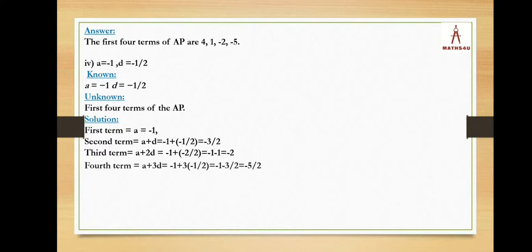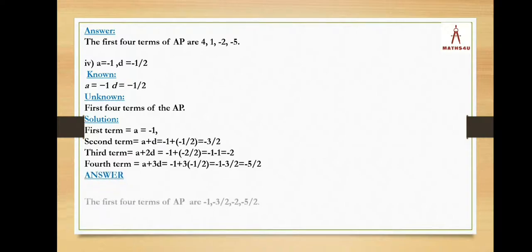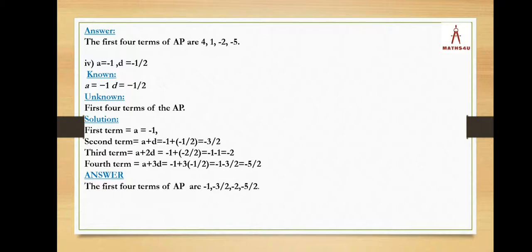So -1 plus -1, -2. The fourth term is A plus 3D, -1 plus 3 into D, which is -1/2. So you get -1 -3/2, so that is -5/2. So the first four terms are -1, -3/2, -2, -5/2. Like that you can get the fourth answer.